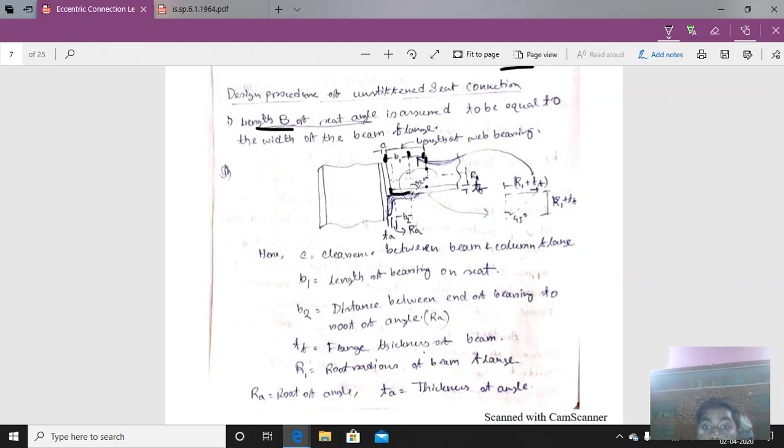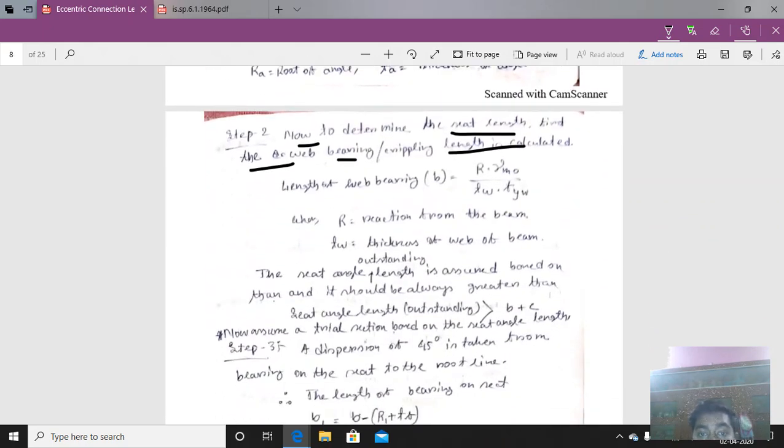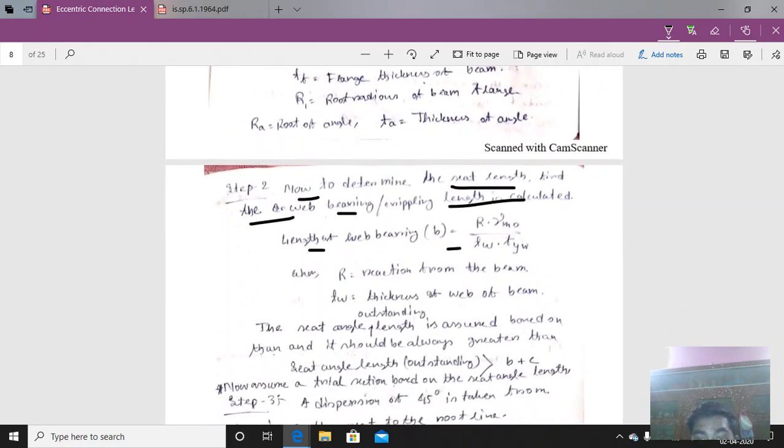So the bearing is supported on the seat, and the extra length at 45 degrees is to be taken for the web crippling load that we discussed in the beam. So the total bearing length will be b1 plus that length, which equals the length of the web bearing b, that is the total distance, equals R times gamma m0 by tw times fyw.